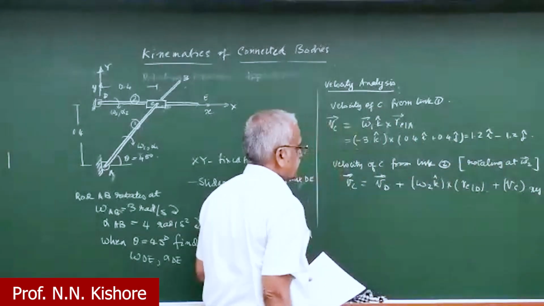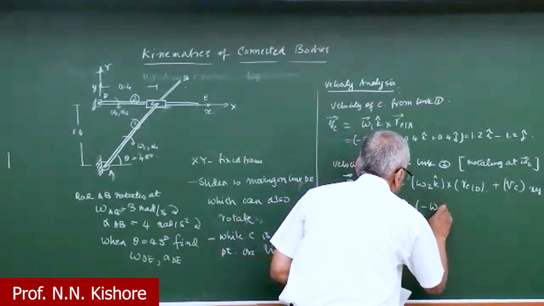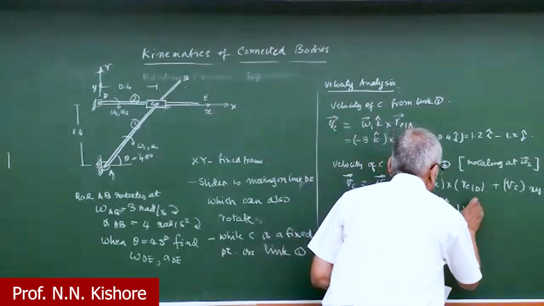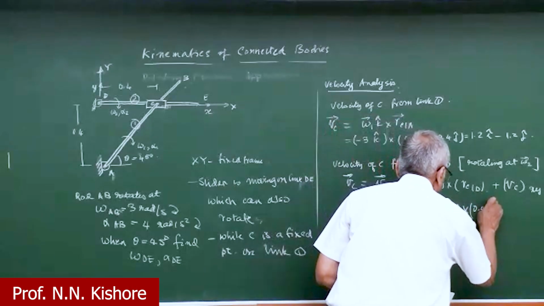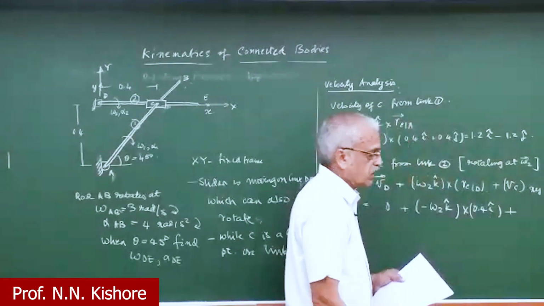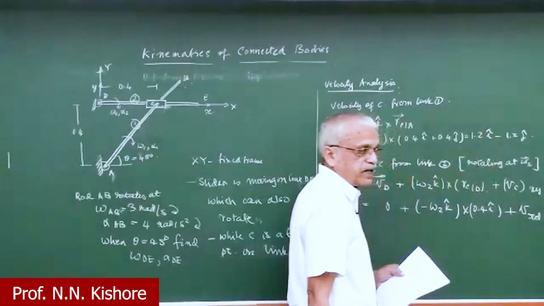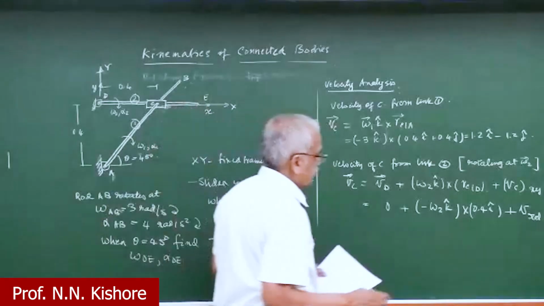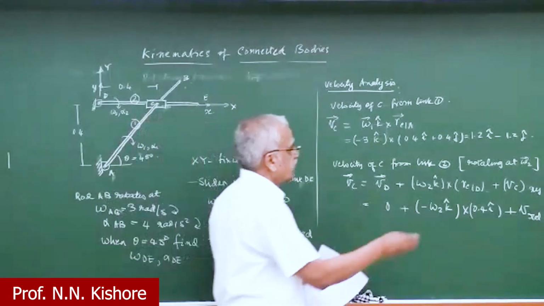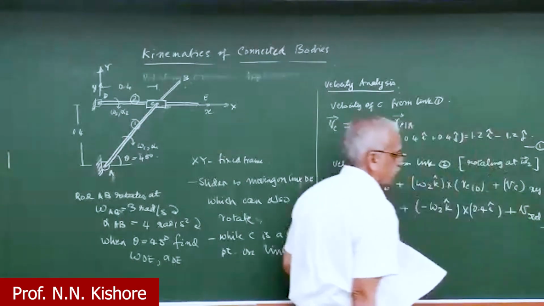So this is 0 and this is minus omega 2 K, which we have to find out. C with D is 0.4 I. And this one we call VREL. And this VREL is in the direction of I. Okay. So we have two equations here, 1 and 2.